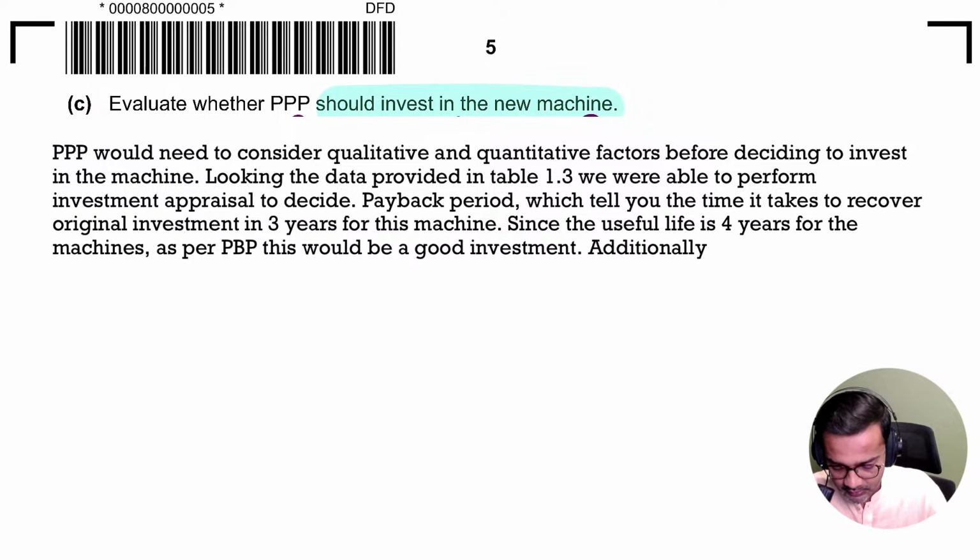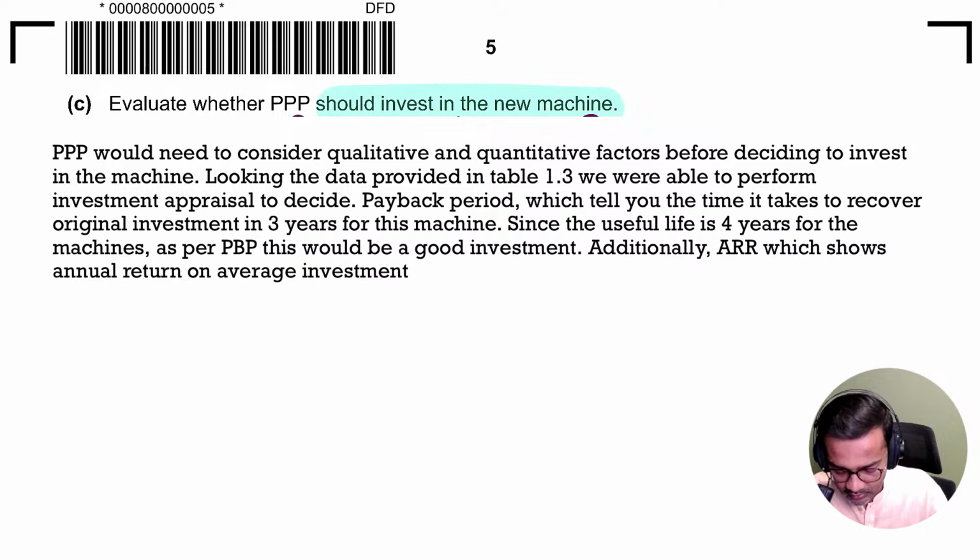Additionally, ARR, again write the whole thing. ARR, which shows annual return on average investment, is 21%, right?